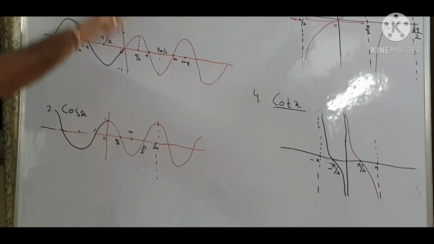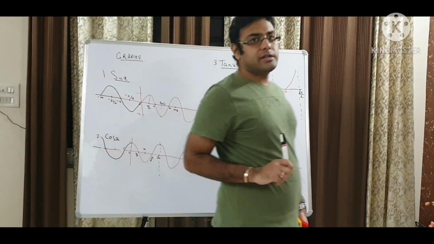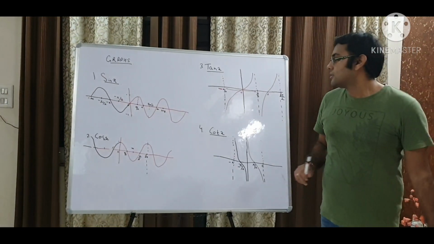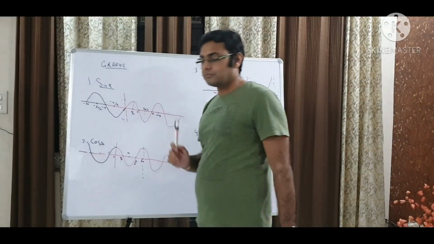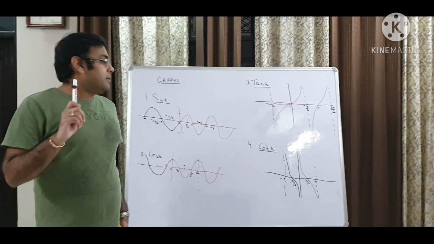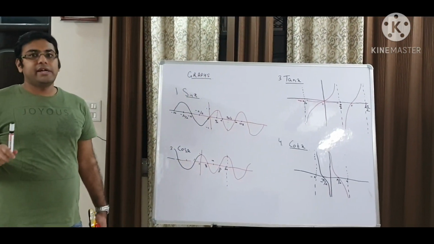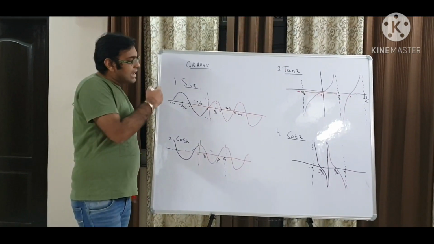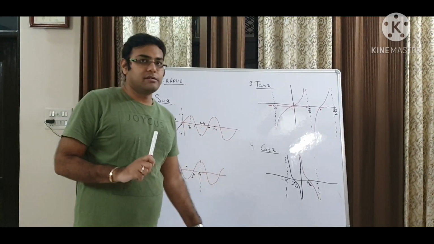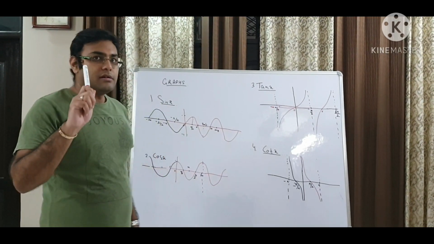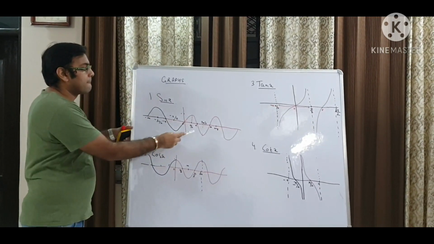Now from these graphs, one more interesting concept comes out, that is domain and range. What is domain and what is range? So domain of a function is all the values of x at which the function is defined. Let me explain.